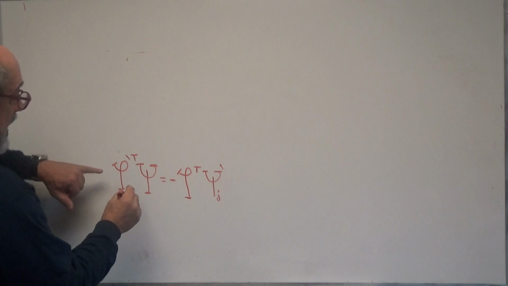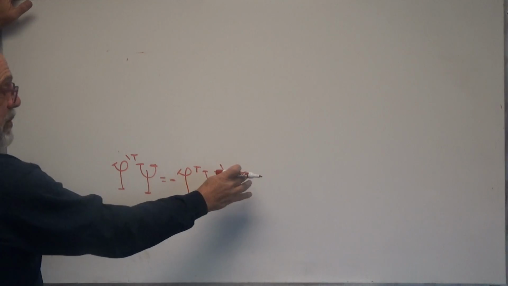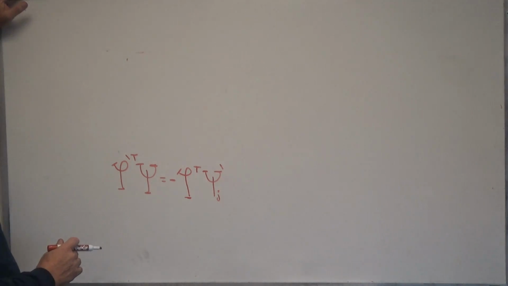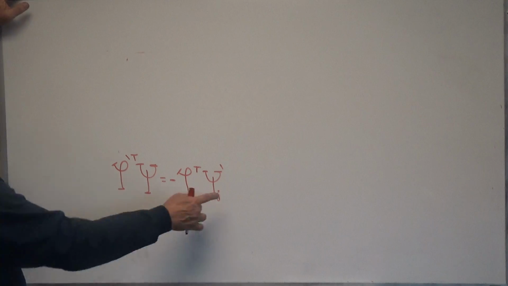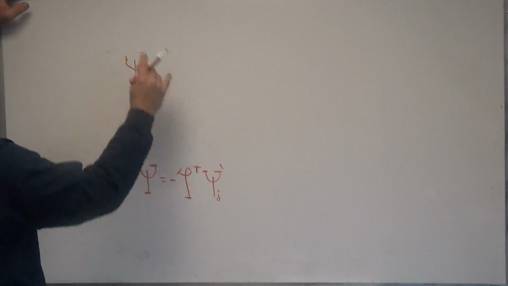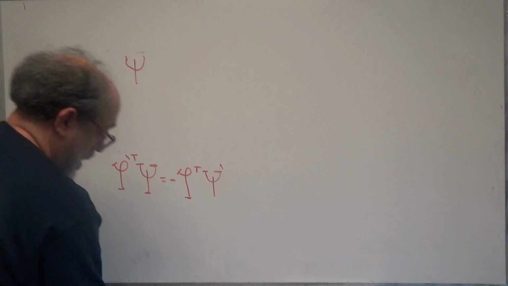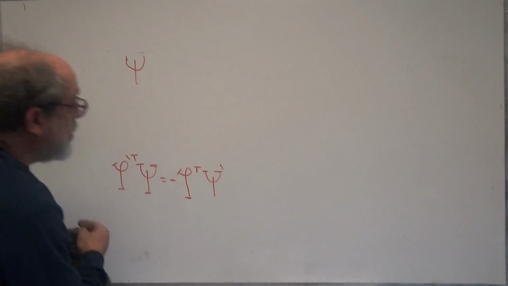From here, it is possible to post-multiply both sides by the... which way do I want to do this? Wait a second. I'm trying to solve for this, right? My apologies, sorry.